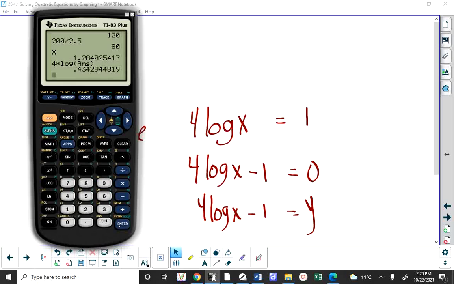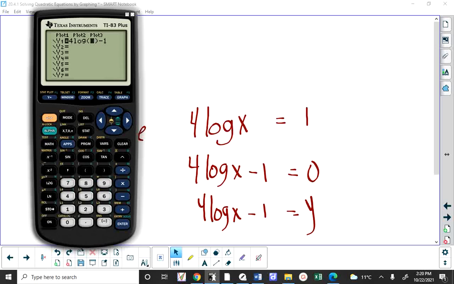Oh, I have to go 4 log x, I think. Wow, it's not working. I'm sorry? I didn't put, oh, I put ln. That's my mistake. So let's change this.